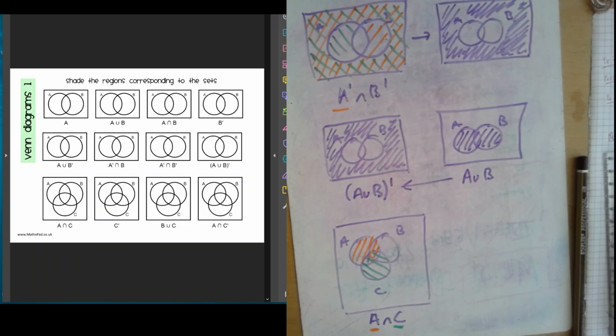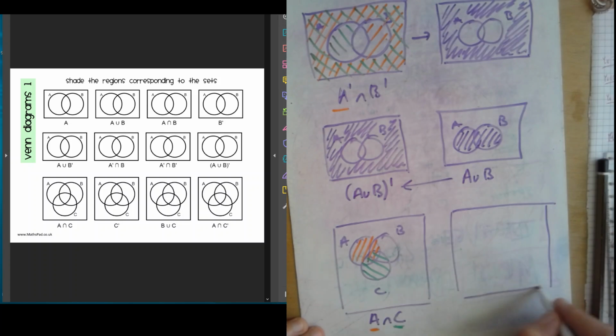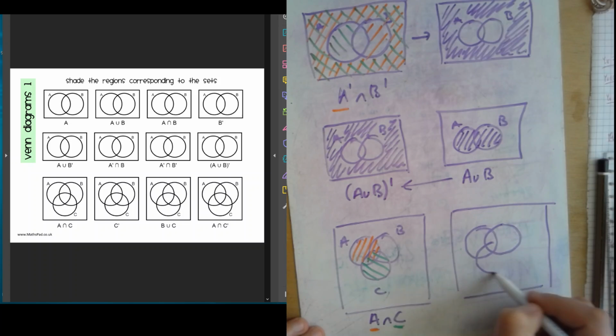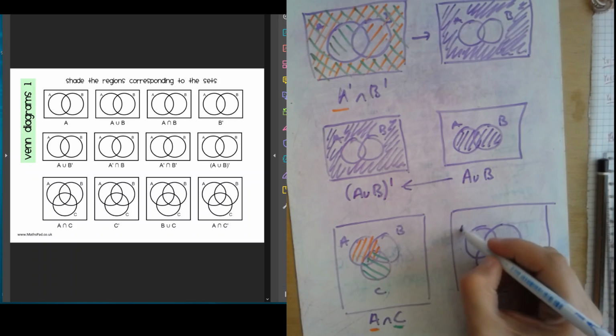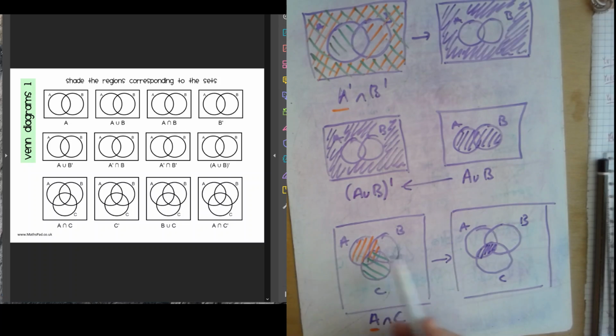Because it's an intersection, it's just a section where both of them are there. So it's the overlapping section, which here is just that section there. You'll notice I haven't done anything to B. No one has said anything about B. I've just left it alone, because if no one is talking about B, then I'm not going to concern myself with it. This is my overlap section.